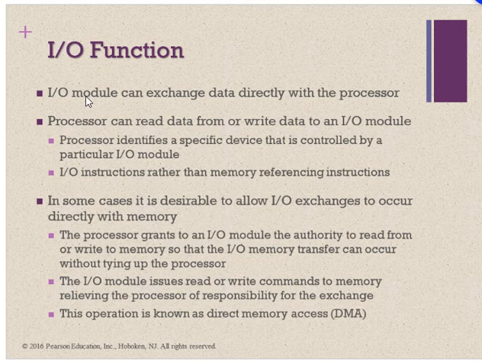So for this communication, sending data to or receiving data from the processor, the processor first has to identify the input output device for that particular I/O module. And then it uses I/O instructions rather than memory instructions. It means that for reading and writing, the processor uses I/O instructions like read and write commands.